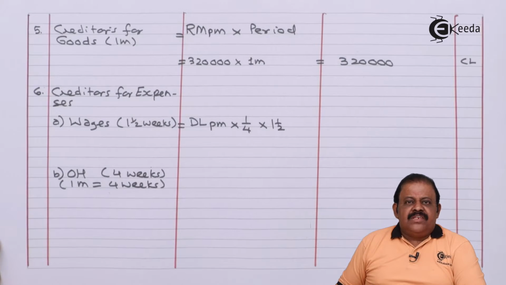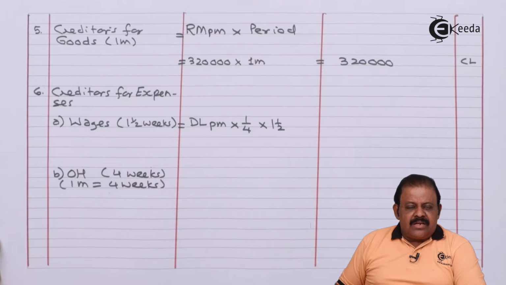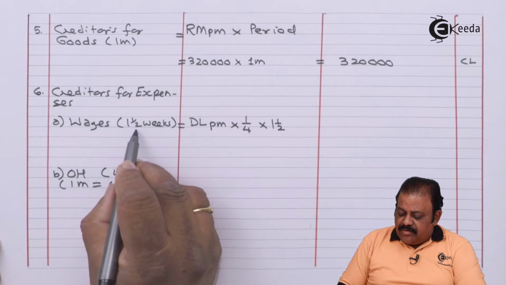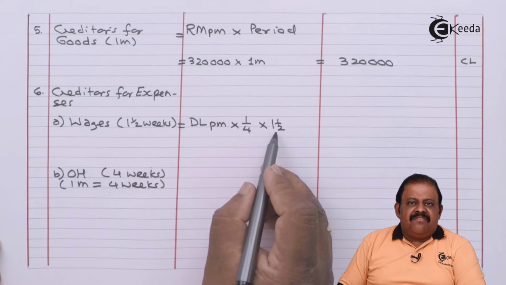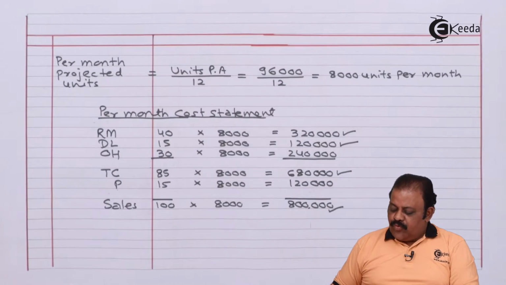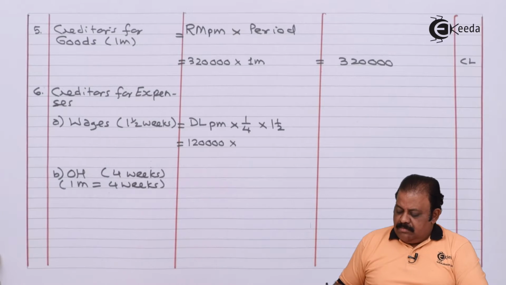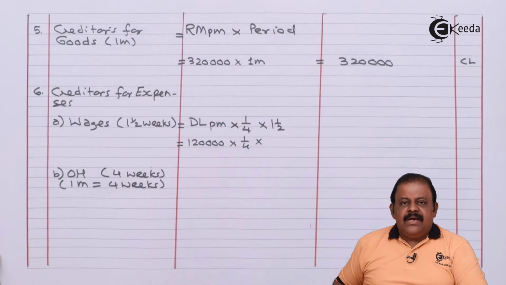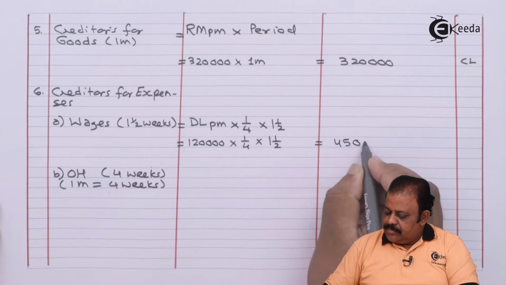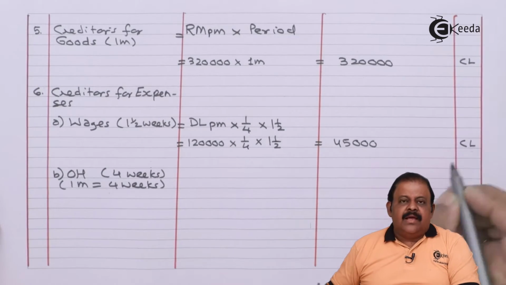We have information of wages on monthly basis, so we'll take direct labor per month. To have 1 week, we'll divide by 4, multiplied by 1/4, and as per period here they have given 1.5 weeks, we'll multiply by 1.5 weeks. Direct labor per month 1,20,000, that is for 4 weeks, multiplied by 1/4 multiplied by 1.5. So creditors for wages 45,000, it will be current liability.